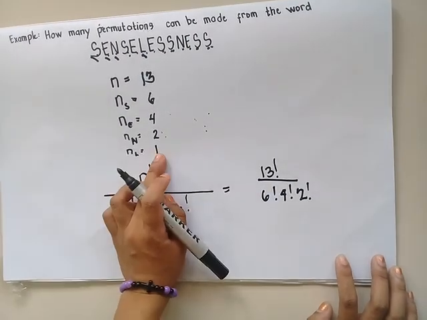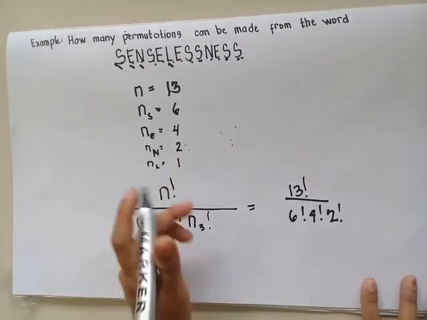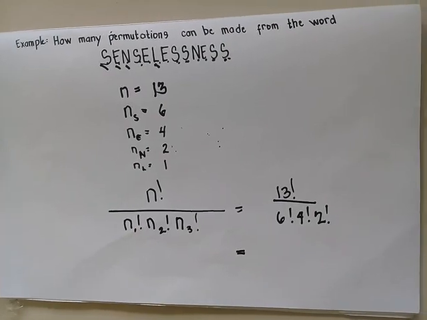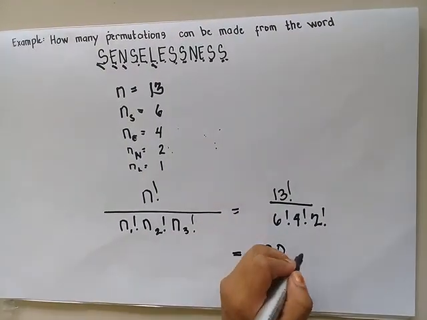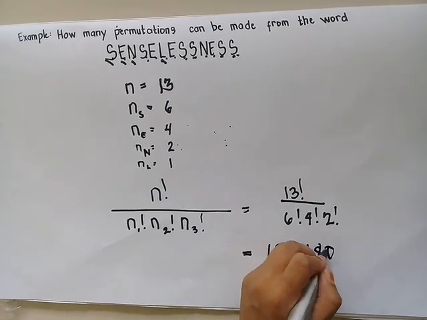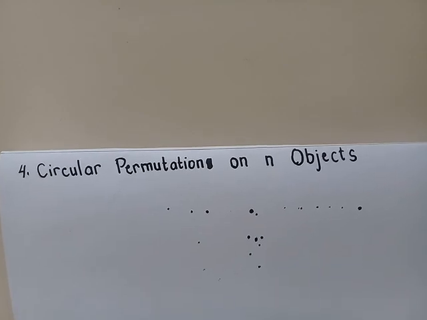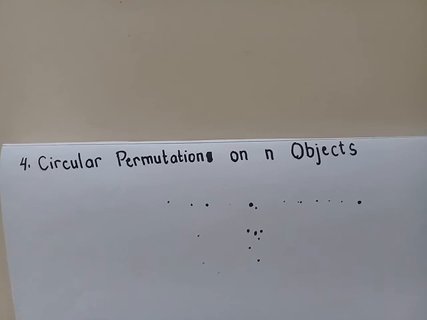No need to put 1 factorial because 1 factorial will not give a different answer. So we have, to calculate this one, the arrangement will be 180,180 arrangements.